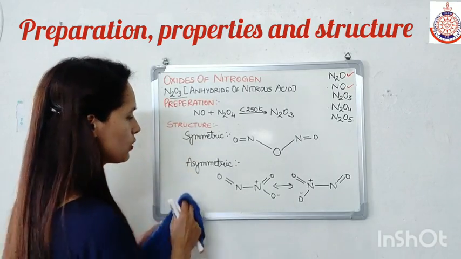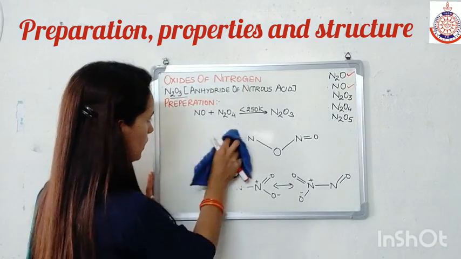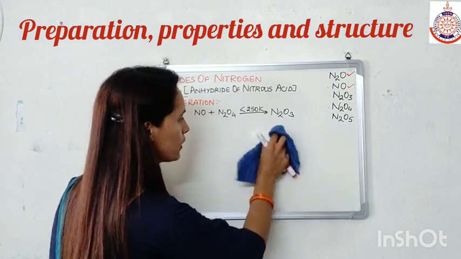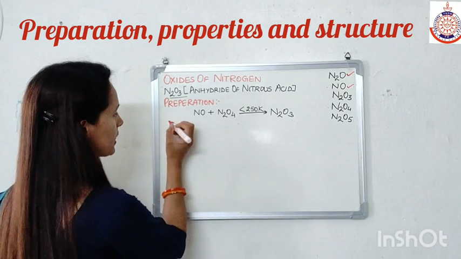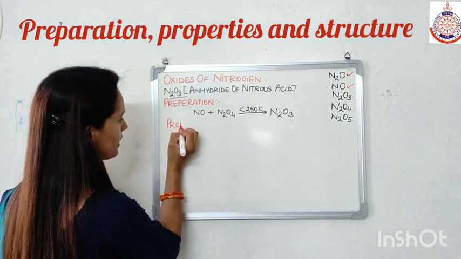Now, if we talk about the properties of N2O3, in N2O and NO, we studied that both are colorless gas.